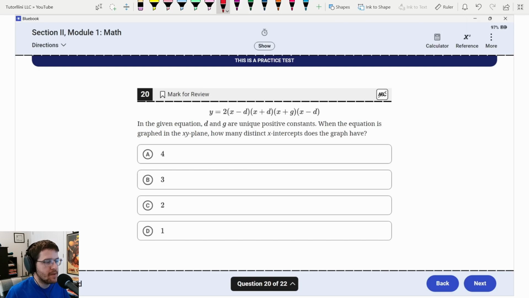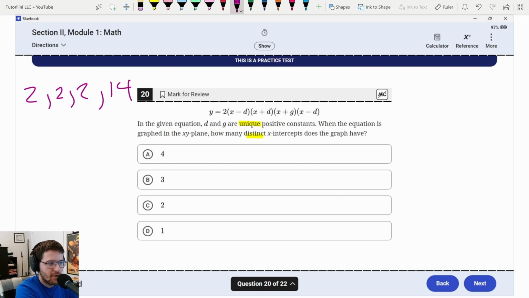Okay, question 20. So I suppose we should first talk about what unique and distinct mean. So let's say I had the numbers 2, 2, 2, and 14.